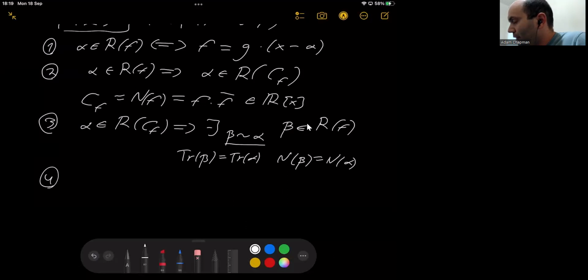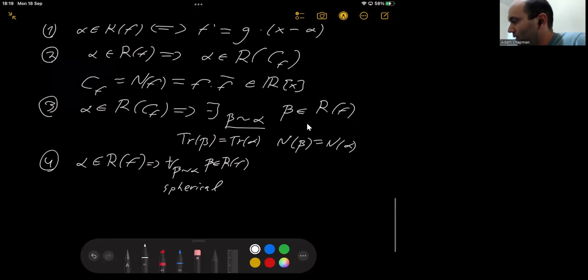Another important thing to point out is that any root of f satisfies one of the following two things. One option is that any beta equivalent to alpha is also a root of f, in which case we say that alpha is a spherical root, and you can say that alpha belongs to the set of spherical roots of f.